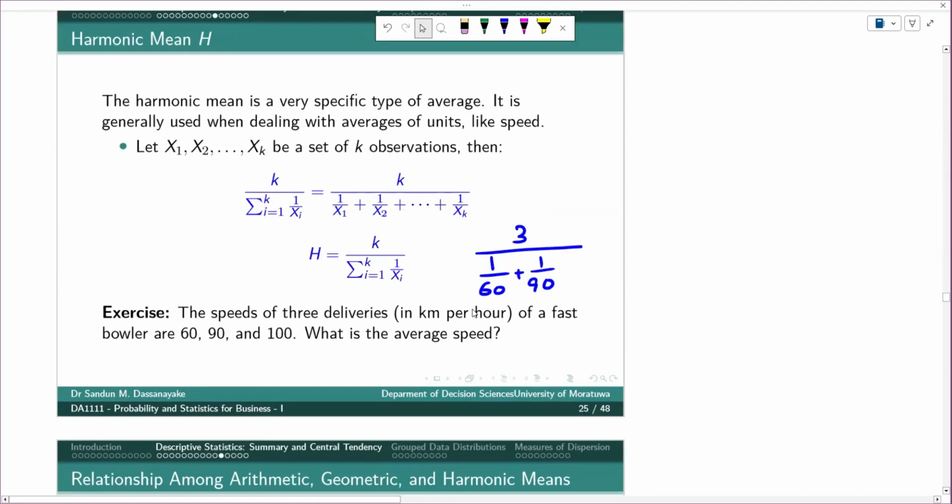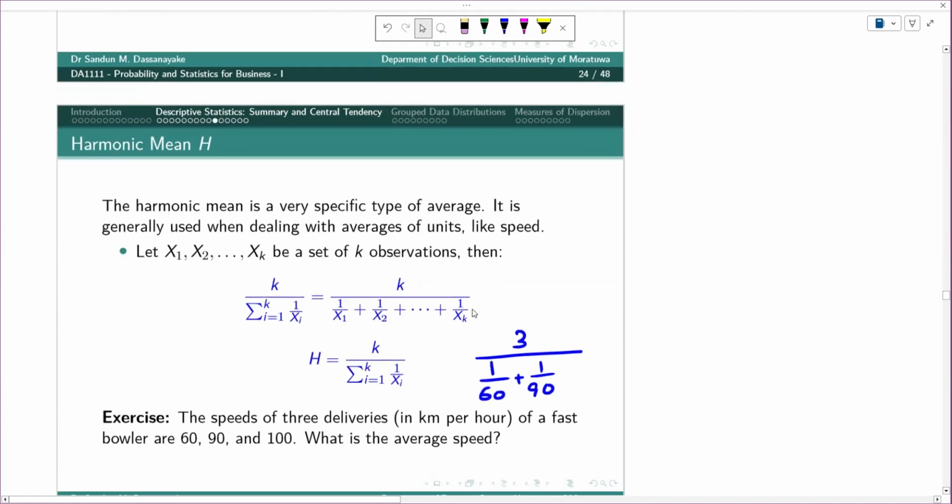Right, where was I? Yeah, for the harmonic mean, plus 1 over 90 plus 1 over 100.